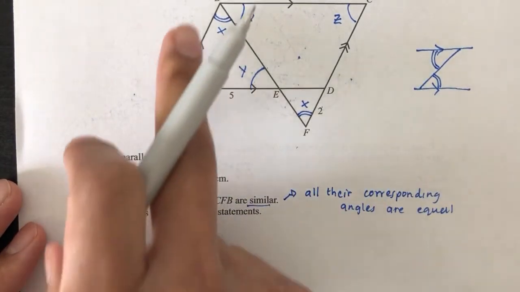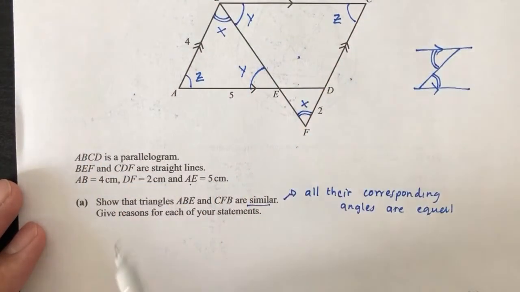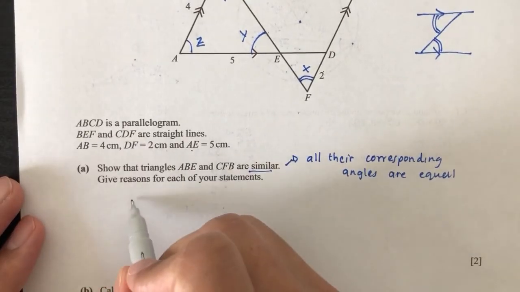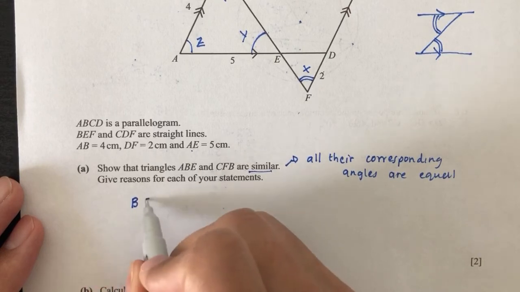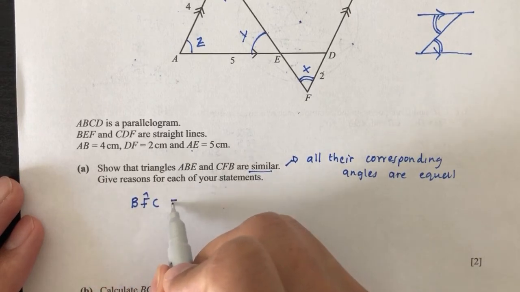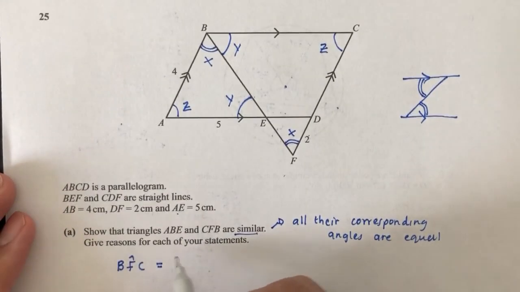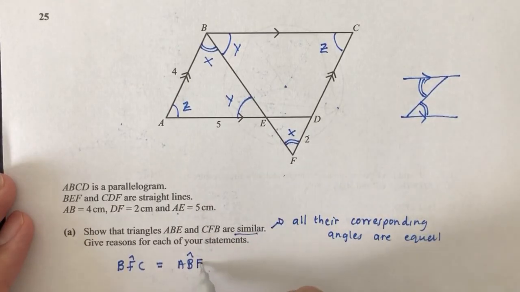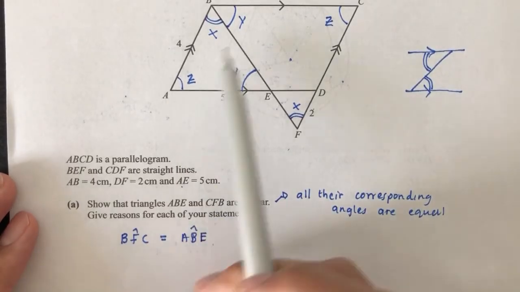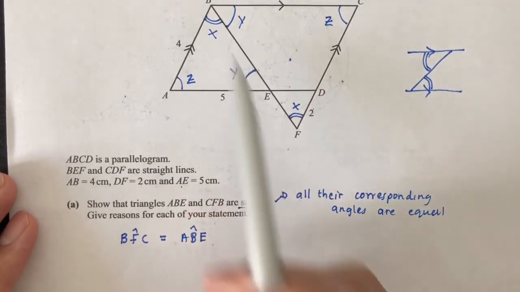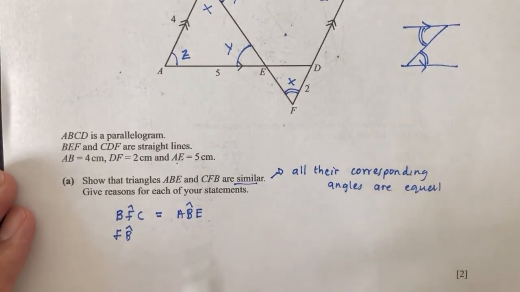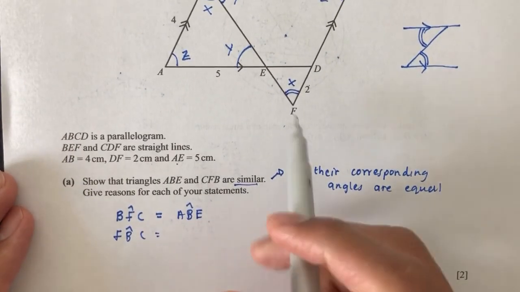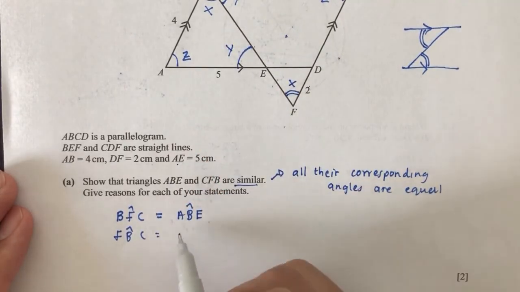So let's say angle BFC is equal to angle ABE, and then this angle, FBC, is equal to angle BEA.